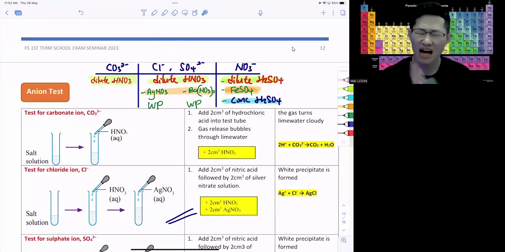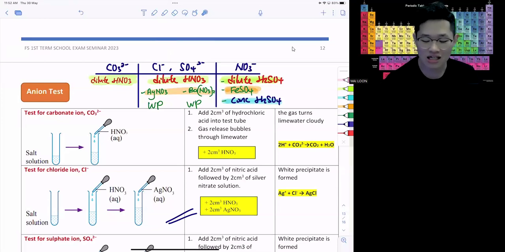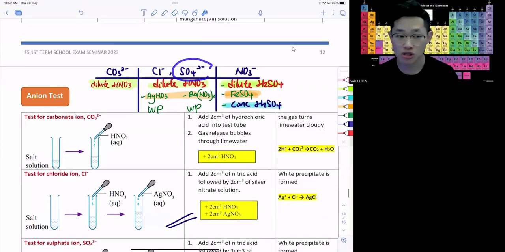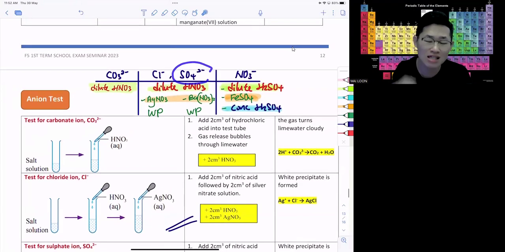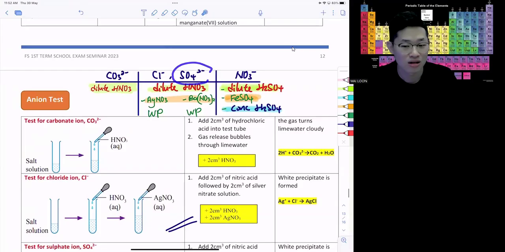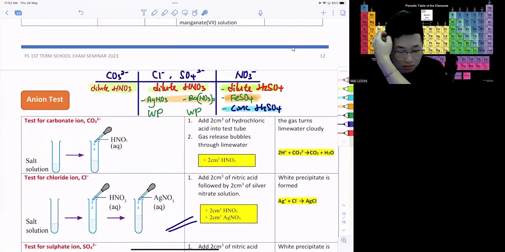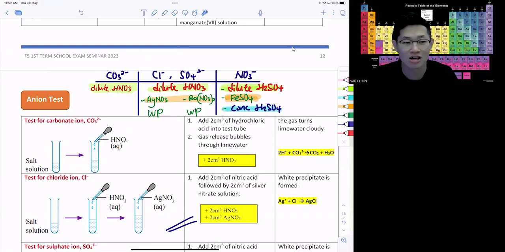Understand? So if you can understand this, can you please tell me what is the acid that cannot be used to test sulfate ion? Yes, the sulfuric acid.